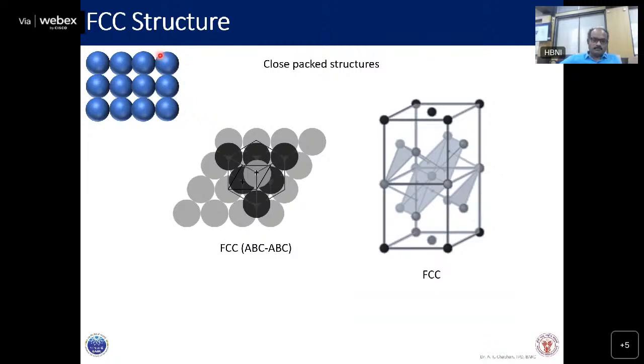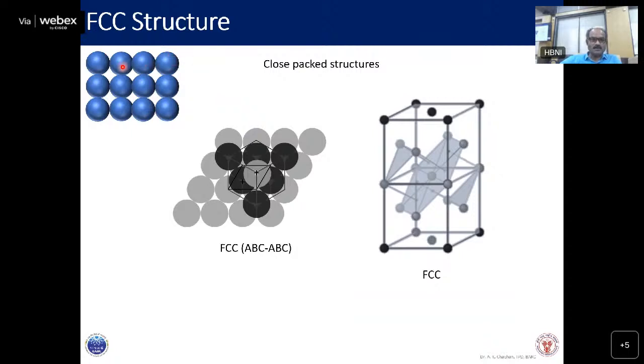So suppose we have some atoms. These atoms have lost all their energy. Now they want to crystallize, so they will come in the closest form. So one layer has come like this. Now suppose we want to put another layer of these atoms over this in the closest fashion.